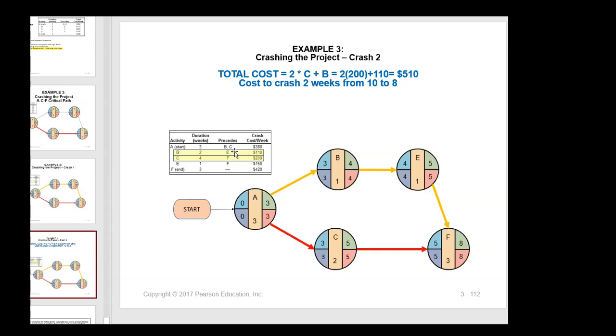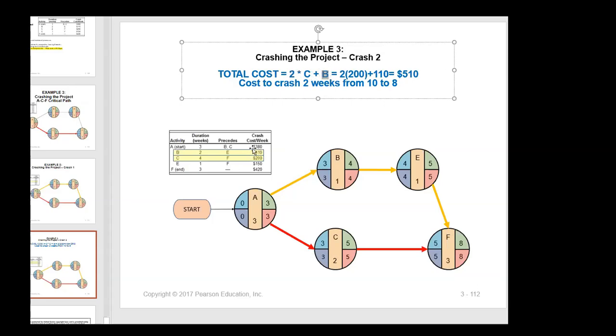Now it's time to calculate the total cost. To calculate the total cost, we need to see how many activities we have crashed. We crashed 1 time C at the beginning, and 1 time B, and 1 time C. So two times C is crashed, and 1 time B is crashed.